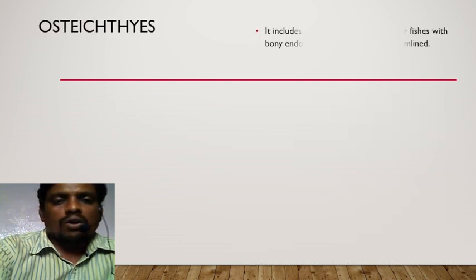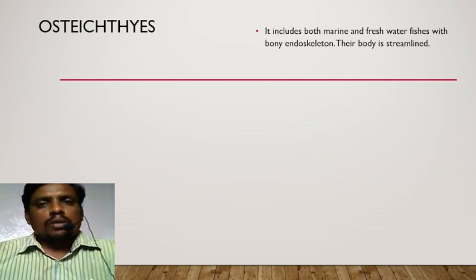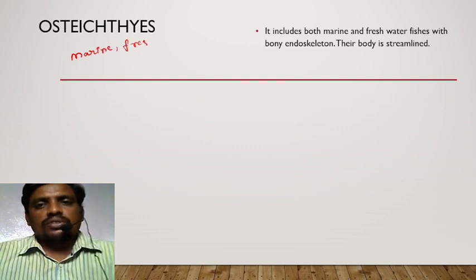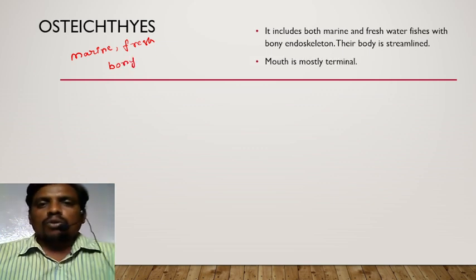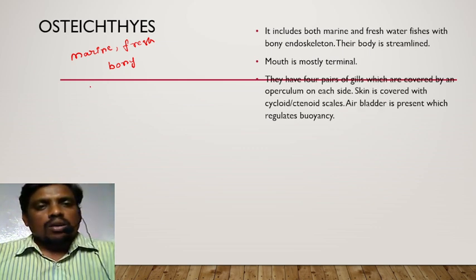Osteichthyes fishes include marine and freshwater fishes, with a bony endoskeleton. Their body is streamlined. Mouth is mostly terminal. They have 4 pairs of gills which are covered by a hard covering called operculum on each side.